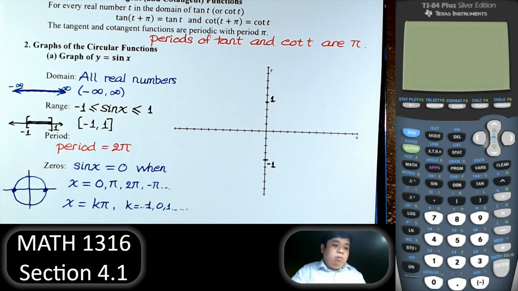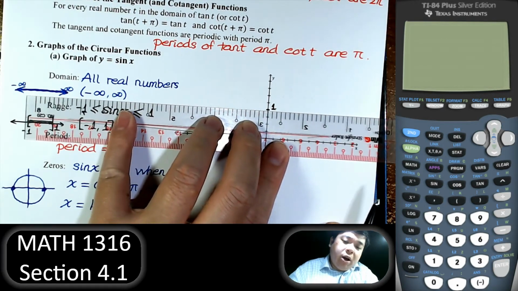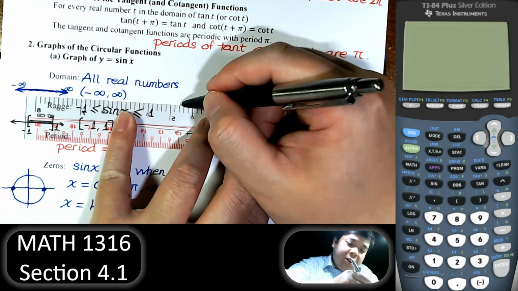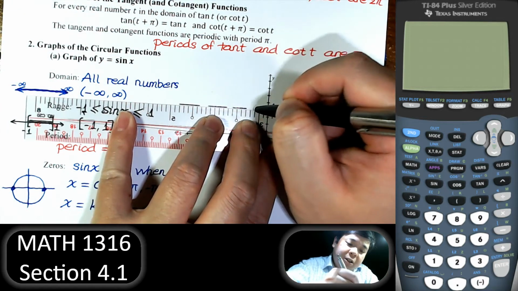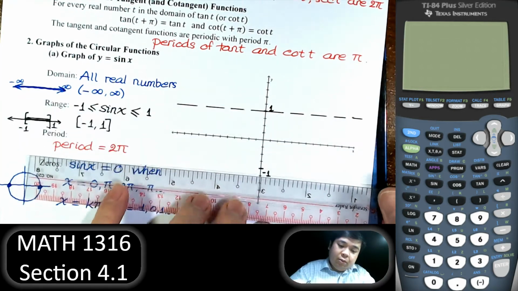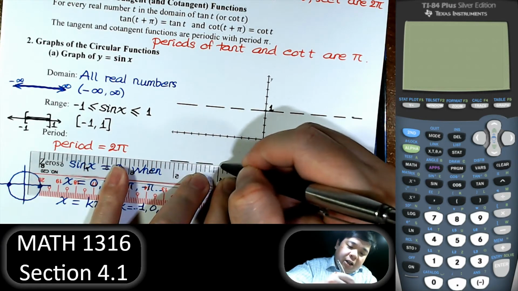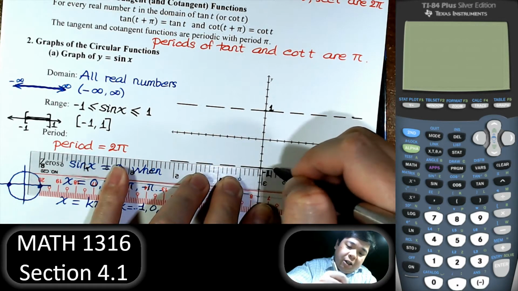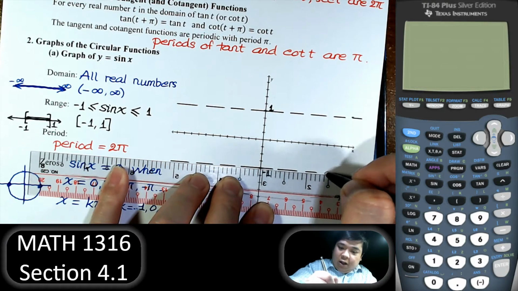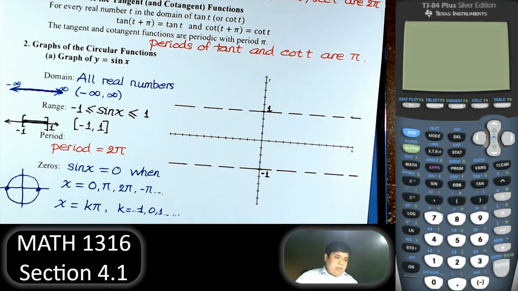The range from -1 to 1. So the graph of the function sine has to be between -1 and 1. So the graph has to be within this.